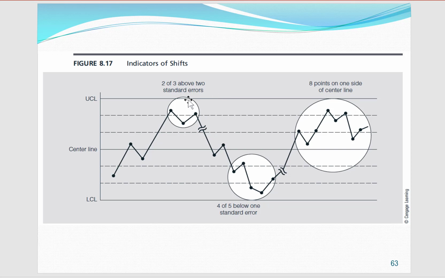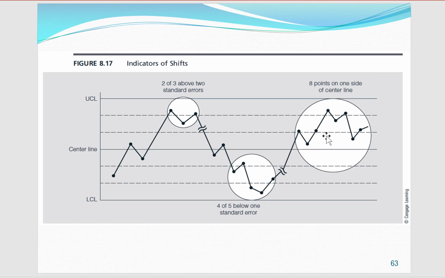So here we have two points that are above the three standard limit. Here we have four of the five that are below the standard error. And here we have 8 points on one side of the center line.